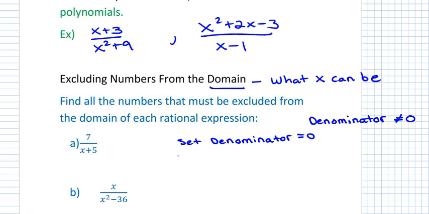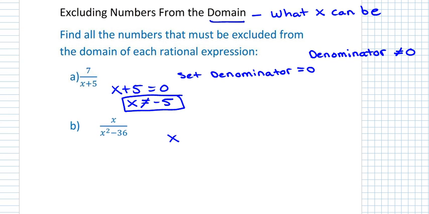So for example, for this one here, A, you just go x plus 5 equals 0, x equals negative 5. That means if I put negative 5 in for x, it would make the bottom of the fraction equal to 0. Therefore, that is the number that would be excluded from the domain.